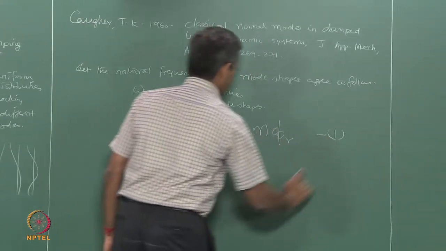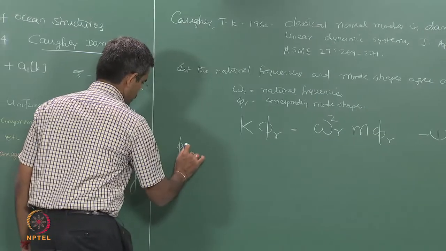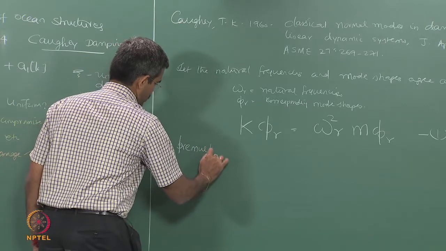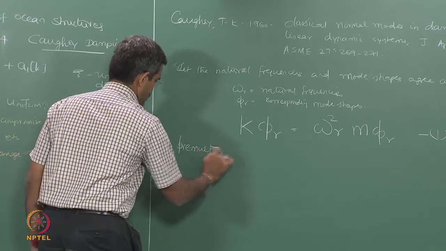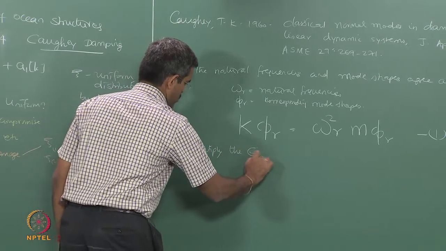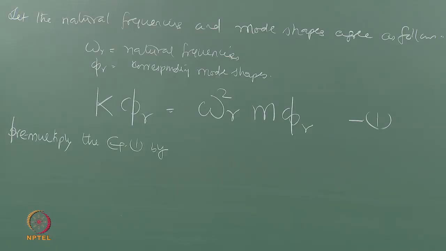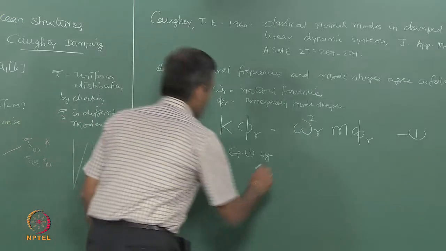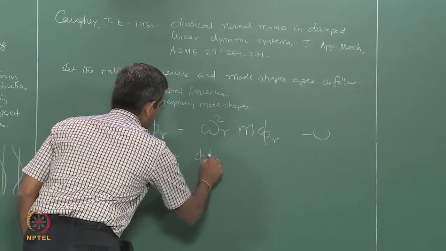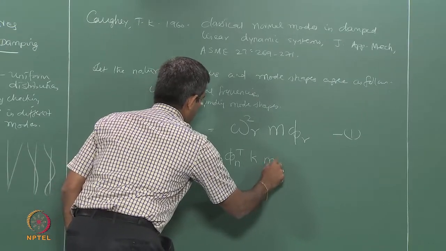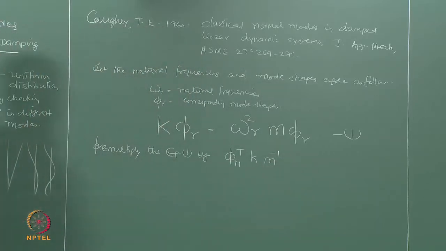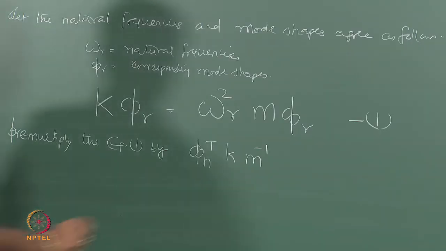Now, pre-multiply this equation by phi n transpose k m inverse on both sides.